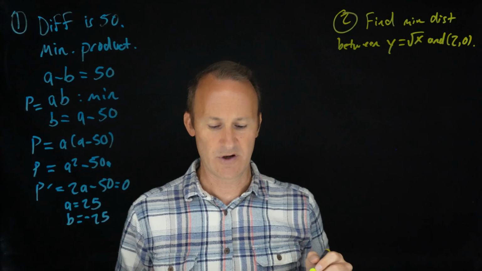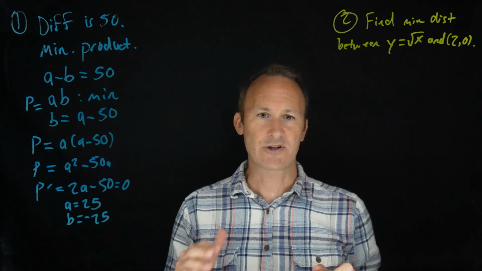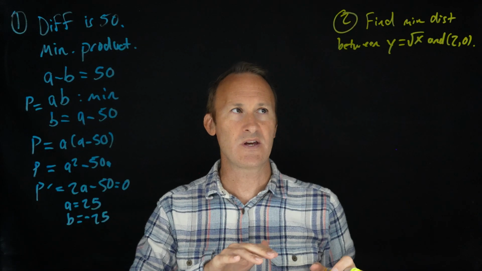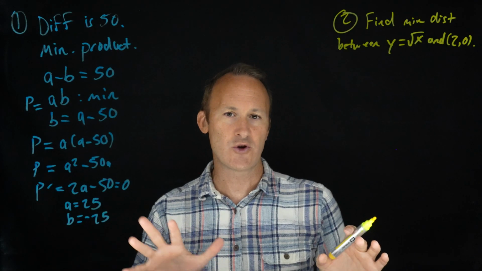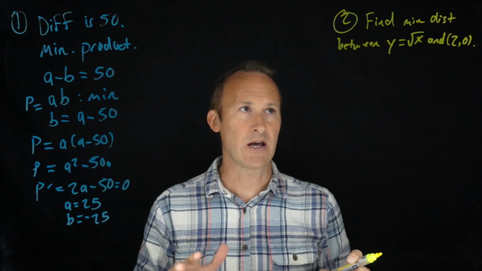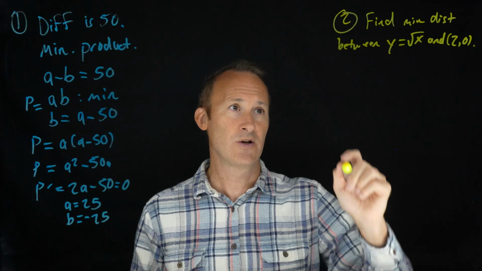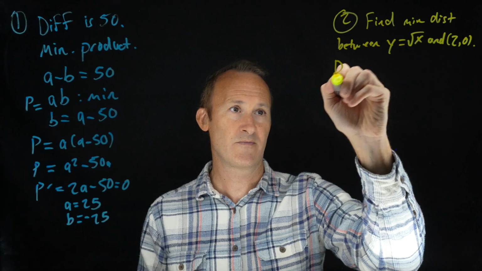So how do we do this? Similar type of approach. You can always start these by setting up an equation for what you are minimizing. In this problem, you're in fact minimizing distance. So you can always write out the distance formula.